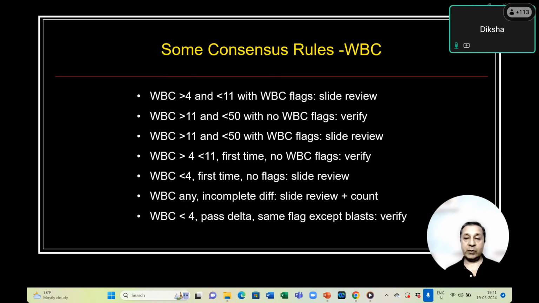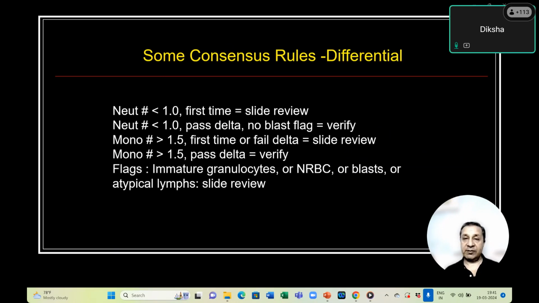So these were some of the consensus rules for WBCs in terms of counts: more than 4,000, less than 11,000 for the first time, you would do a slide review. For example, if we had WBCs of less than 4,000 first time and no flags, you will still do a slide review and stuff like that. All these were the different rules which were there for WBCs.